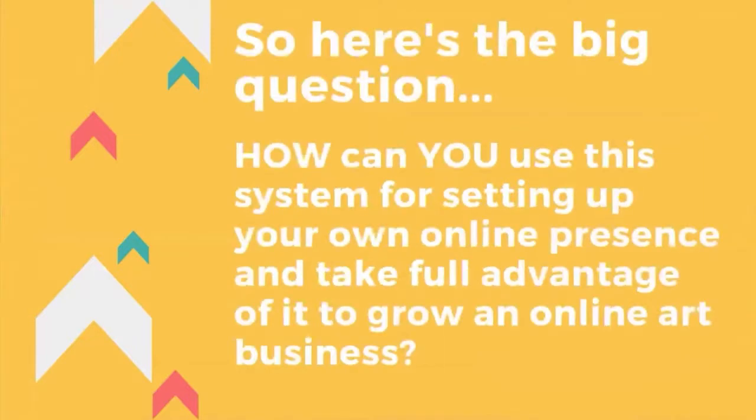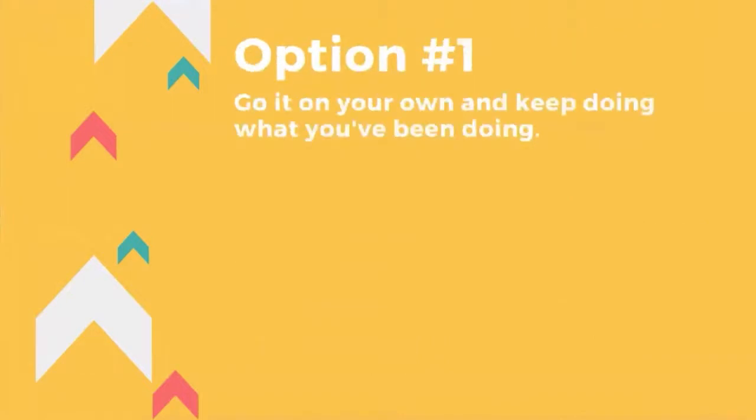So here's the big question. How can you use this system for setting up your own online presence and take advantage of it to grow an online art business? Option 1 is to go it on your own and keep doing what you've been doing. But you know the old saying, you can't expect different results if you keep doing the same things you've been doing.